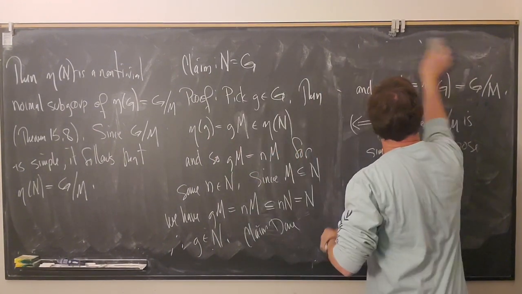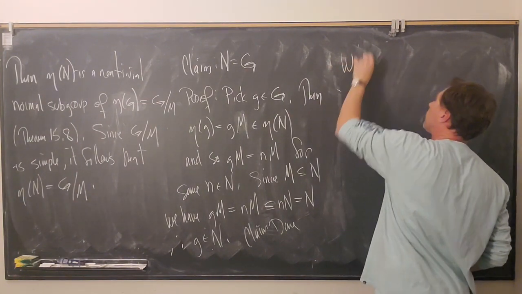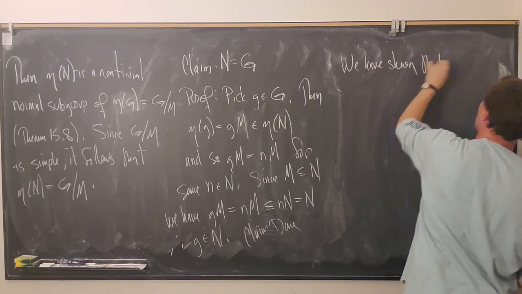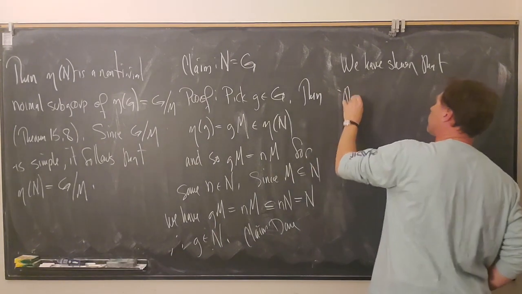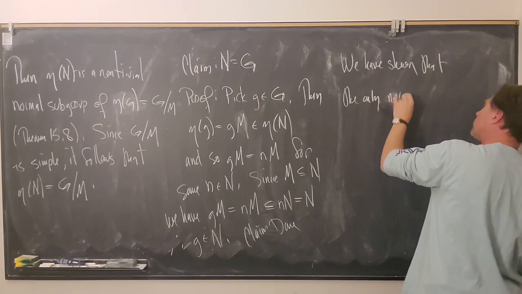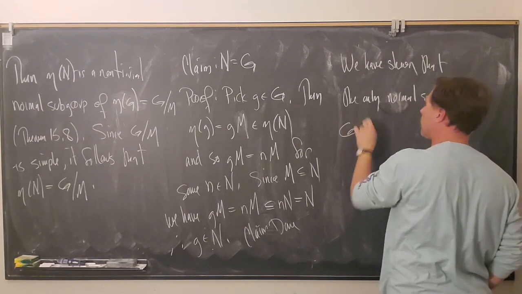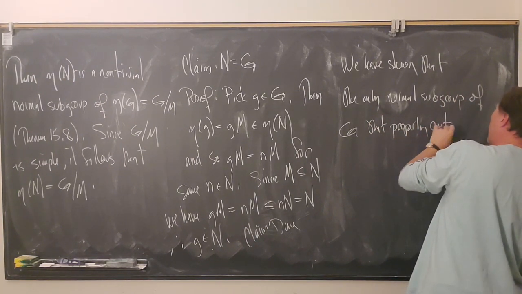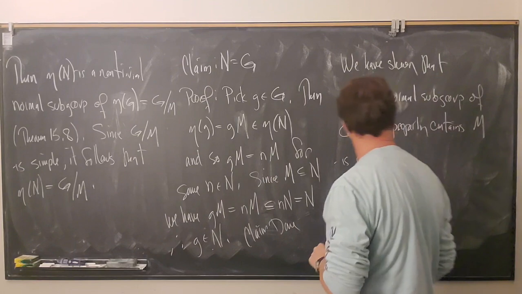So let me write a little concluding sentence here. We have shown that the only normal subgroup of G that properly contains M is G. All right.